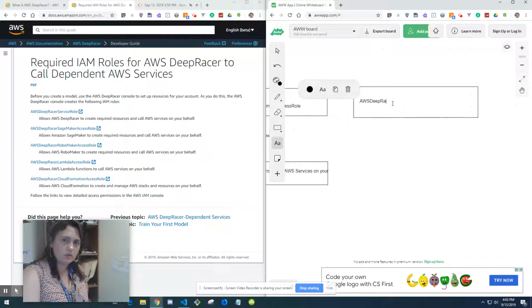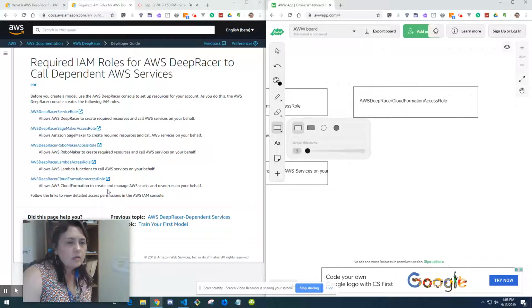AWS DeepRacer CloudFormation access role. And it allows CloudFormation to create and manage AWS stacks and resources on your behalf.